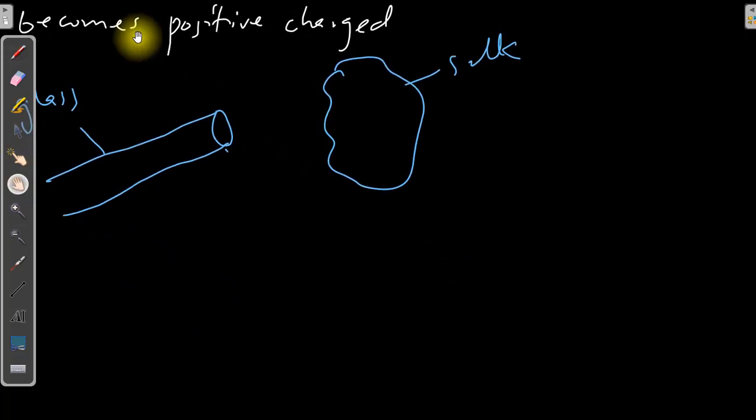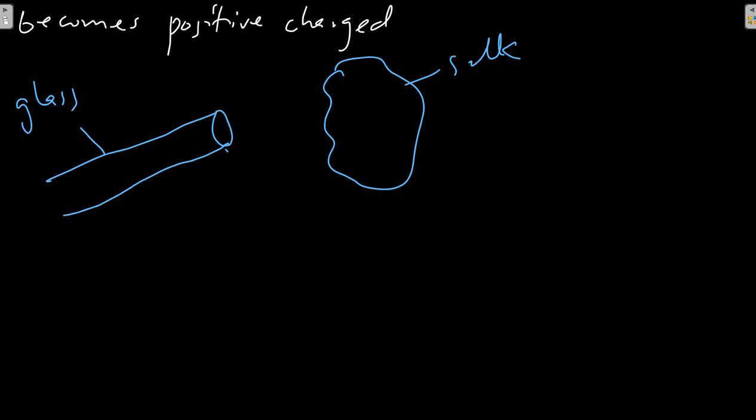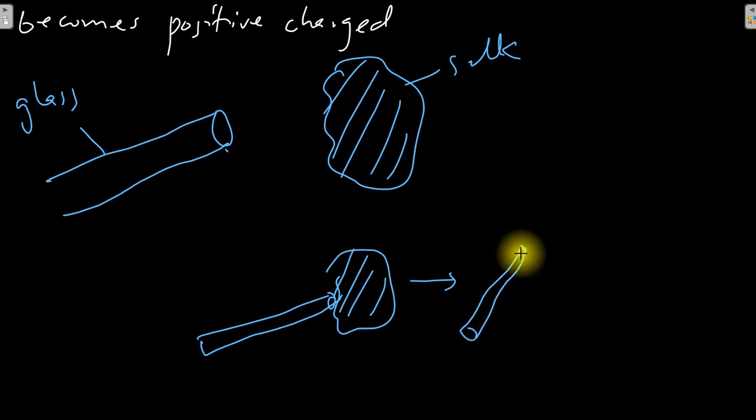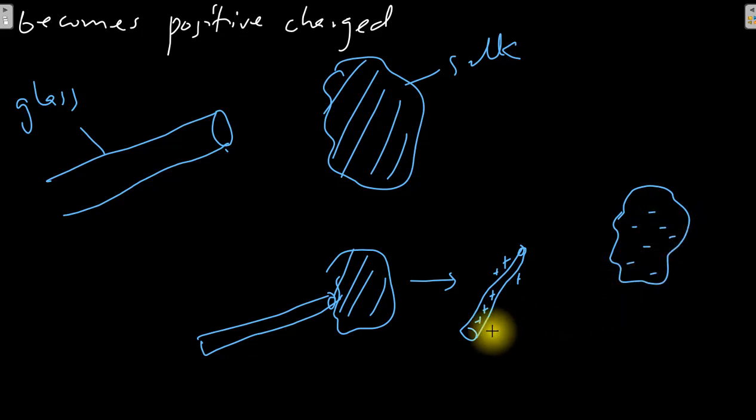If we bring these two objects together and rub them, if the piece of glass and the piece of silk are rubbed together, in the end, the glass rod is going to lose electrons, so it becomes positively charged, while the silk is going to gain the electrons, so it becomes negatively charged.